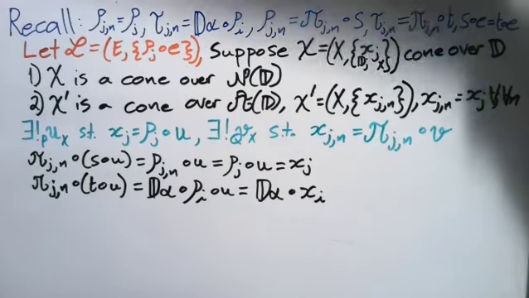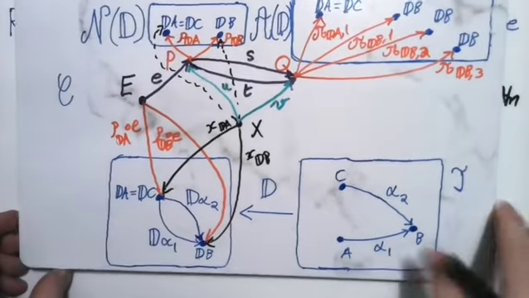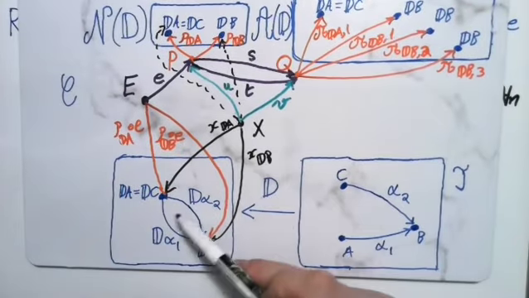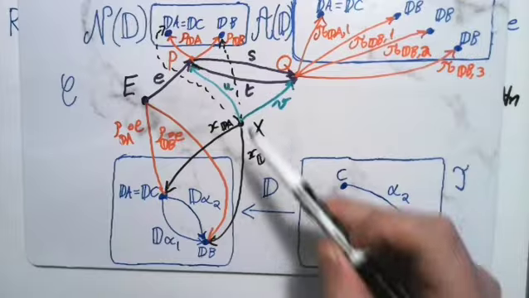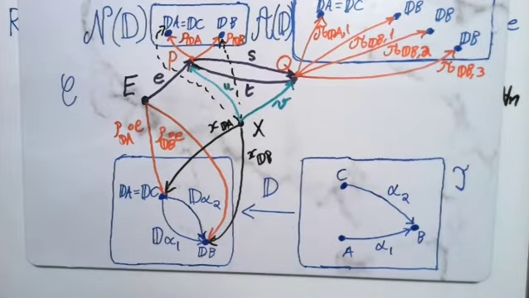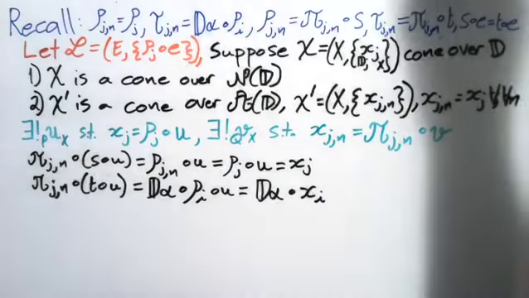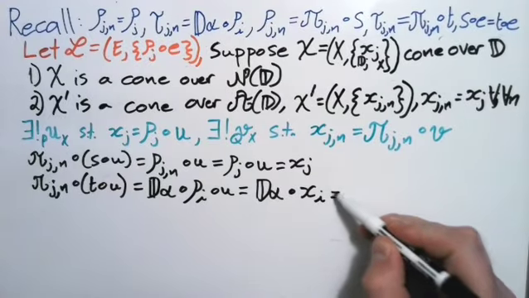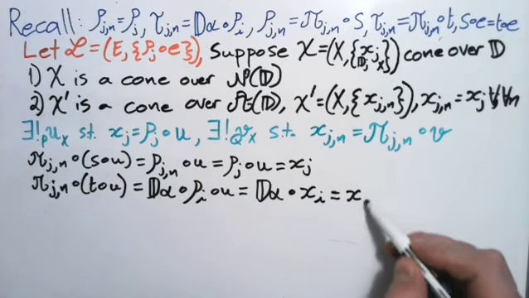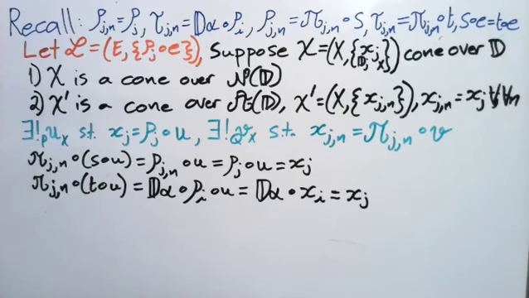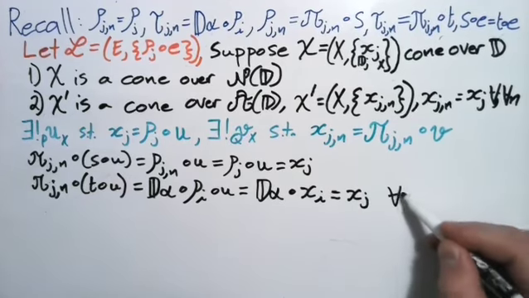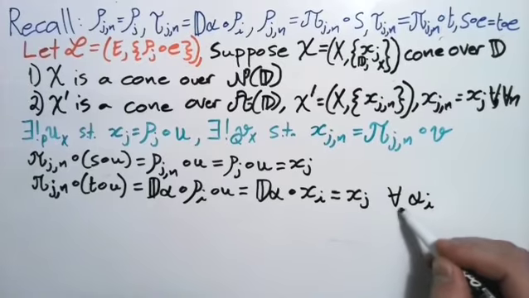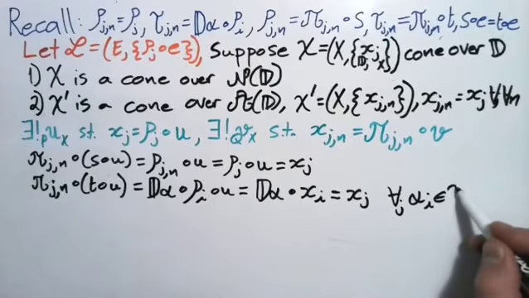But if that's the case, remember that it has to commute with all of these d alphas, right? These legs of the cone have to commute with all of these d alphas. So effectively, if we have d alpha after xi, that has to give us the same thing as if we just go straight from xj, because alpha goes from i into j.